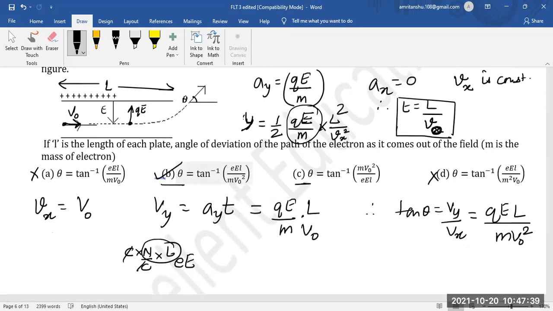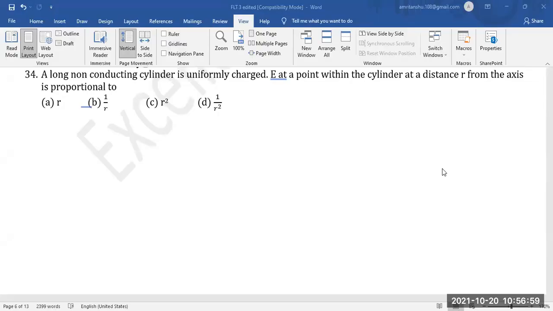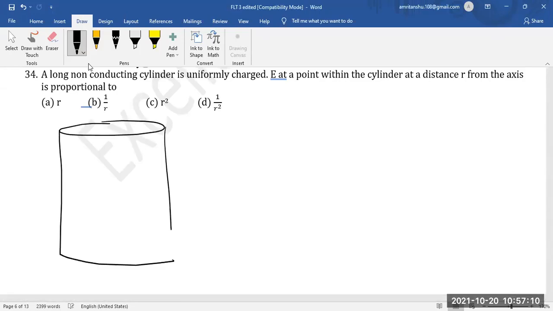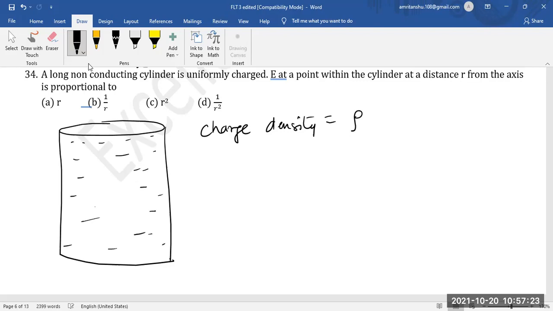Question number 34. In this question, we can assume a cylinder which is uniformly charged. Let's say the charge density of the cylinder is rho. So this is the volume, and the volume of the cylinder is uniformly charged.